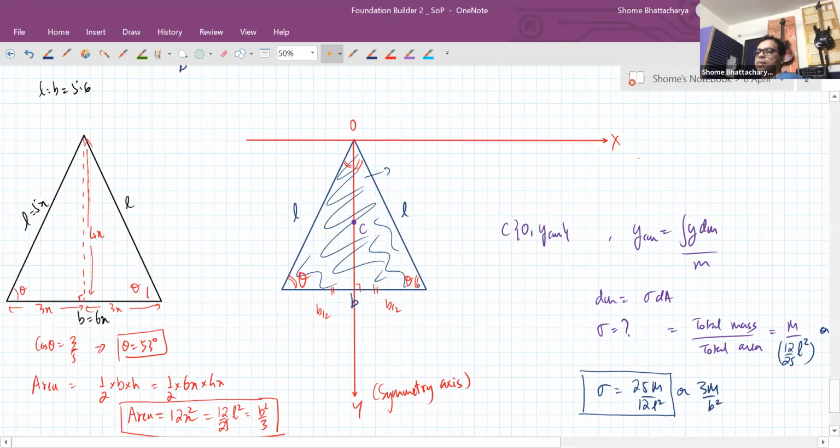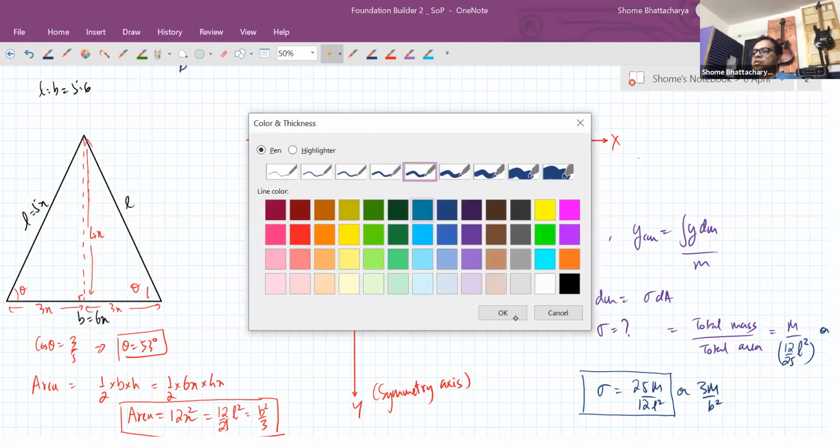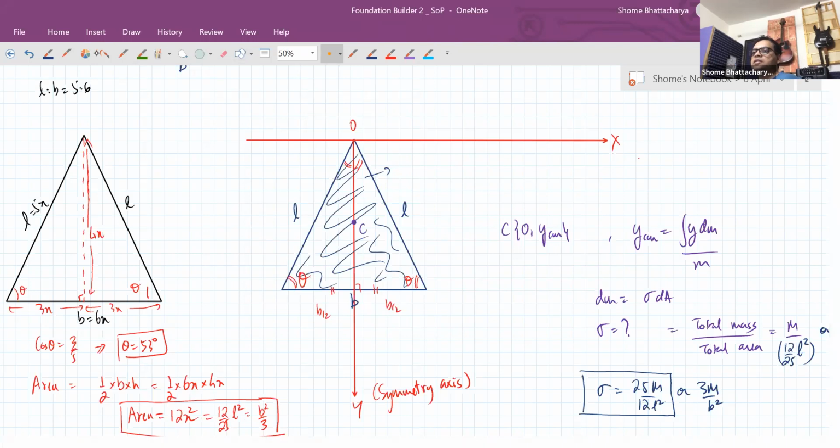Okay, now next thing I have to do is select an area element. So what we will do is divide this into horizontal segments or horizontal strips, because the y-axis is the axis of symmetry.